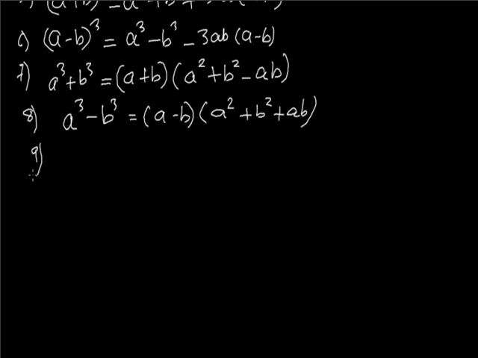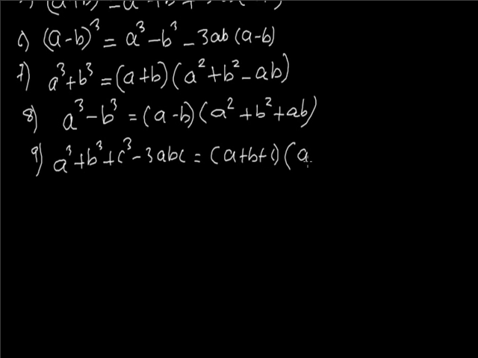Next identity: a cube plus b cube plus c cube minus 3abc is equal to a plus b plus c times a square plus b square plus c square minus ab minus bc minus ca.